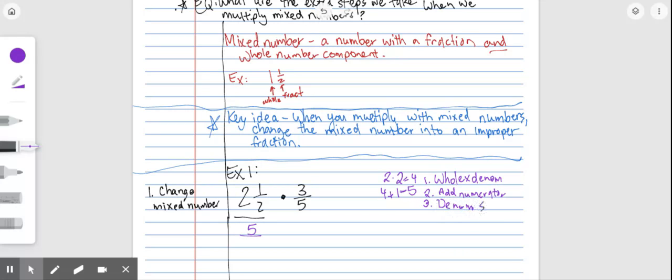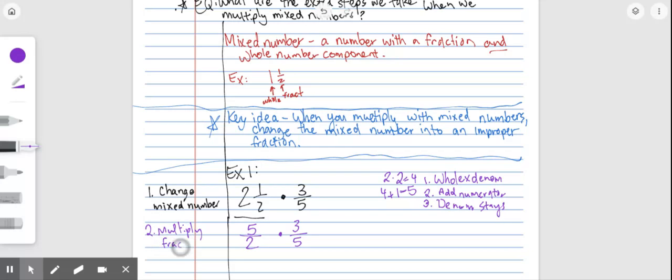Since the denominator in 2 and 1/2 is 2, this becomes 5/2 times 3/5. And now we have an expression that looks just like what we're used to doing. So step 2 over here is multiply the fractions.